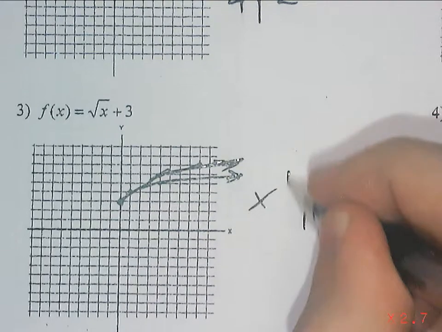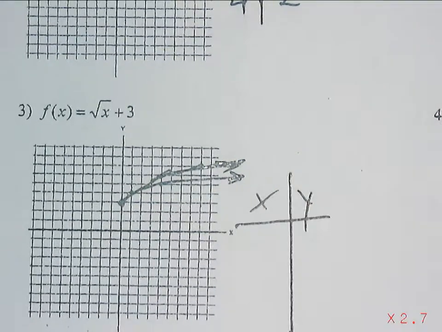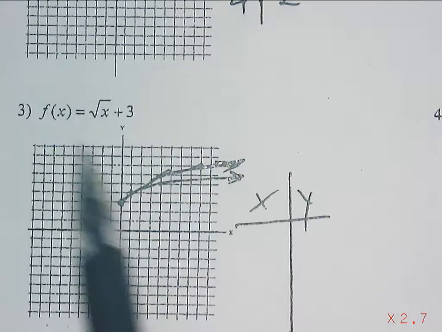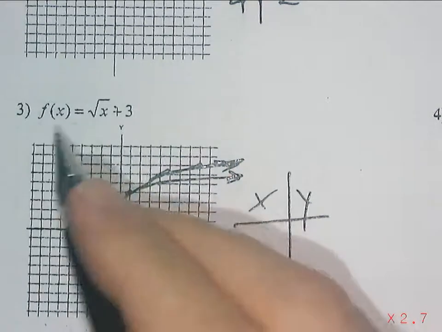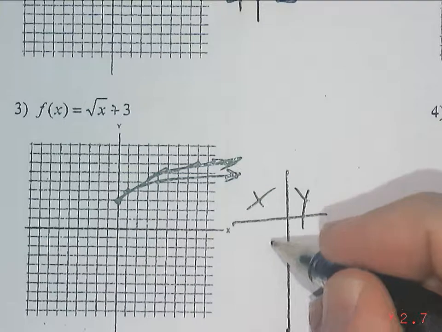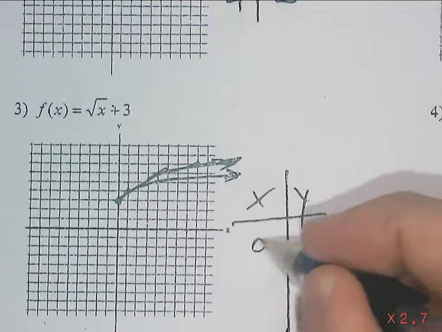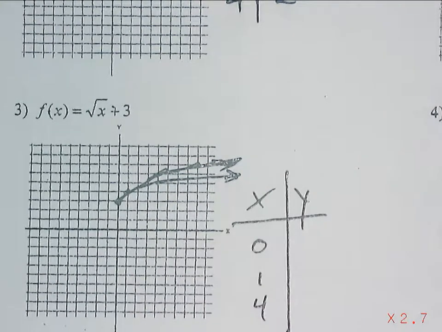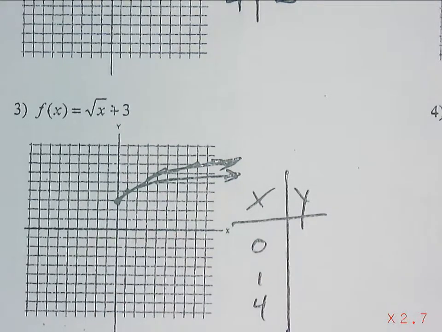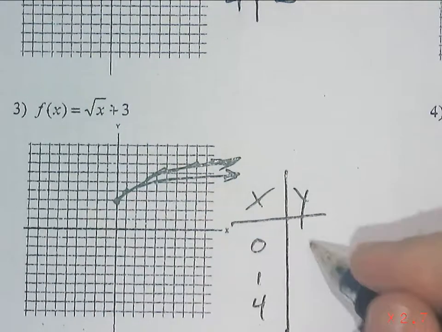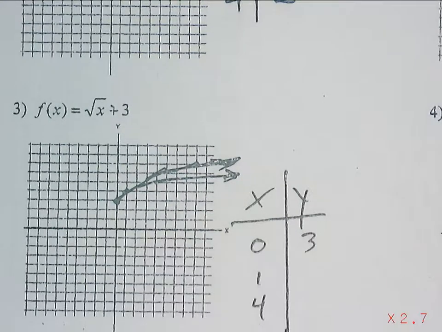But again, if I don't want to remember those transformations, I can just plot the table. I just have the x in there, so all I have to worry about is what numbers I can plug in that I can square root. So 0, 1, 4 all work, right? Now when I do that, square root of 0 is 0. 0 plus 3 is 3, which is why I started at 0, 3.